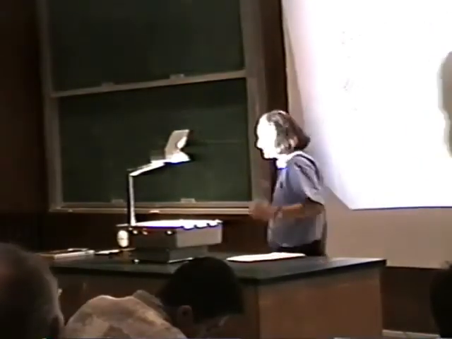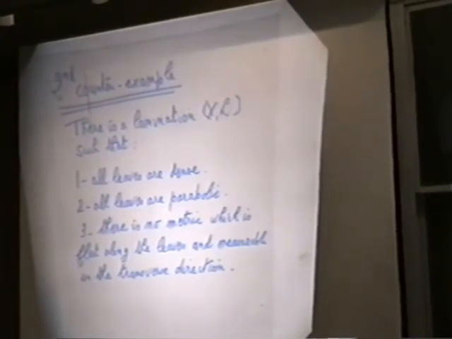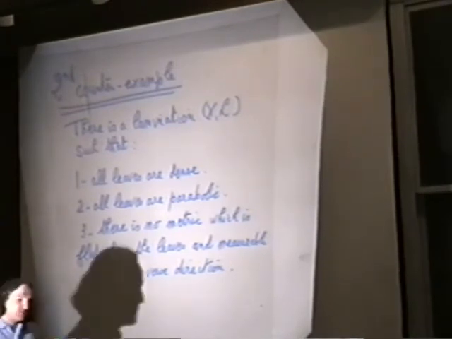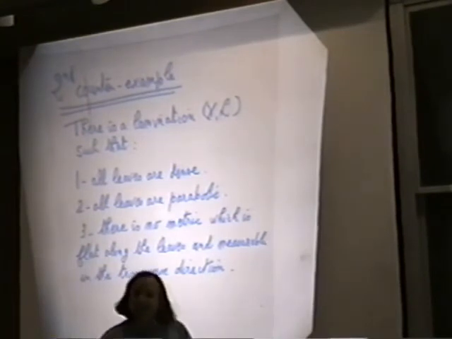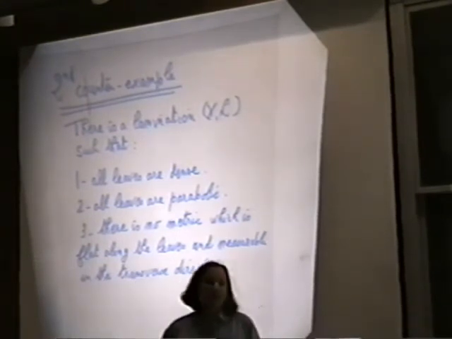The second example I want to show you is an example of a lamination on a compact space with the following property. 1, all leaves are dense, it's a minimal lamination. 2, all leaves are parabolic, so no phenomenon like I just explained to you. And 3, it is not possible to uniformize it, in the sense that it is not possible to find any flat metric along the leaves, not even continuous, but not even measurable. So I want to find an example of such an object which has no measurable flat metric along the leaves.